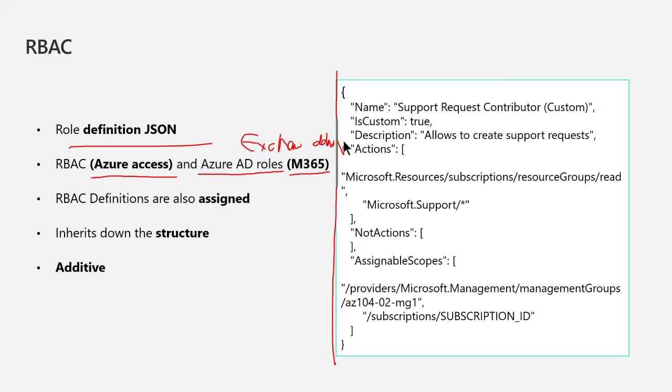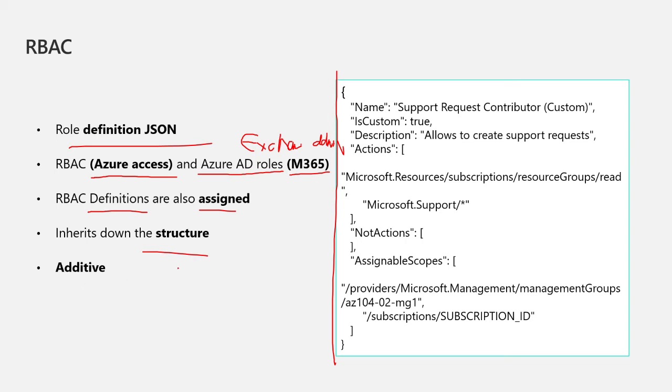Those are roles that you will get through Microsoft 365, but they're also role definitions inside of Azure. Okay, these role definitions can be imported and created. We don't just have the default ones inside of Azure. You can go and create your own definitions and assign them. And as I mentioned, they do inherit down the structure. So these permissions are additive.